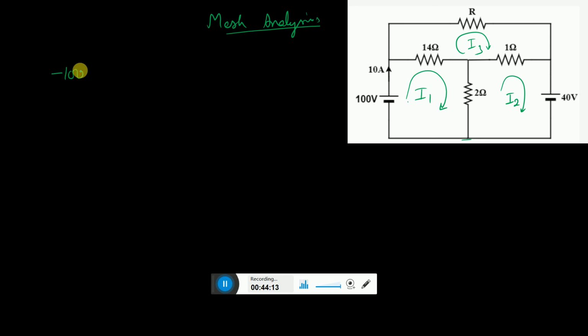Then the resistances are 14 and 2, so you add them and say this is 16, times the current I1 flowing. And this 14 is also shared with the other mesh, so minus 14 I3. And this 2 is also shared with mesh 2, so minus 2 I2, equals 0. That is our first equation.